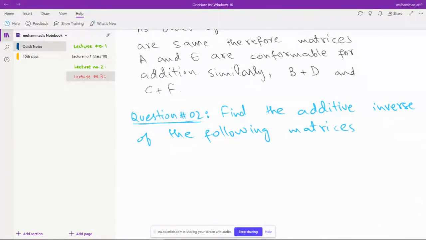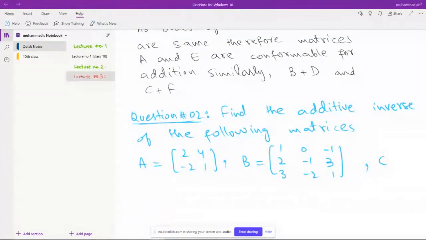You can hear and watch. Question number 2 is find the additive inverse of the following matrices. The first matrix is 2, 4, negative 2, 1. The second one is 1, 0, negative 1, 2, negative 1, 3, 3, negative 2, 1.